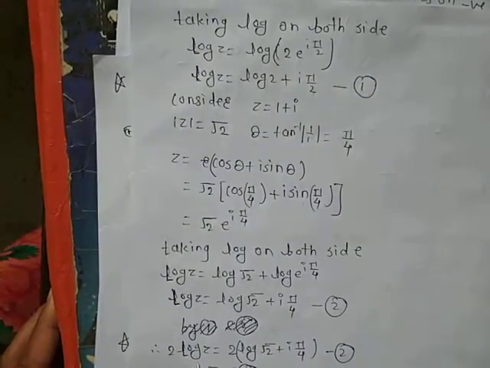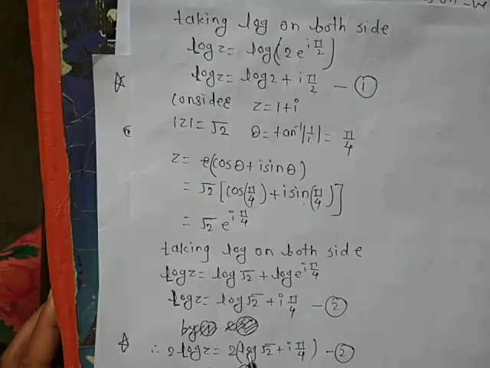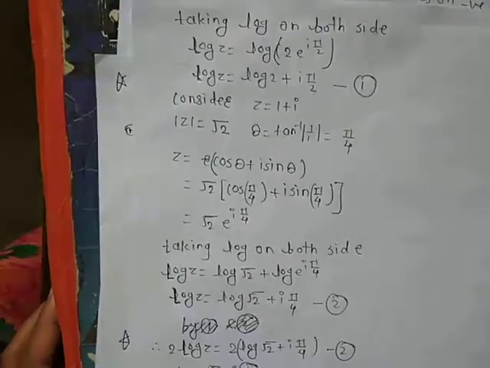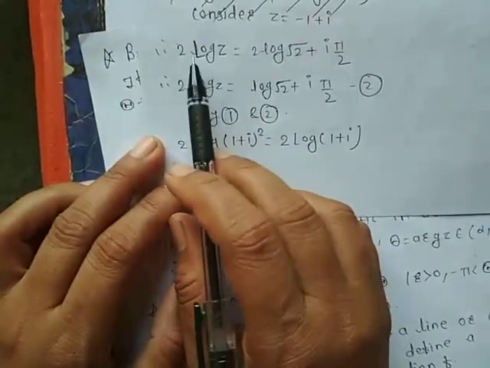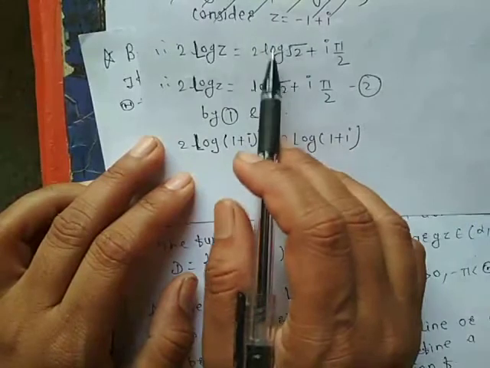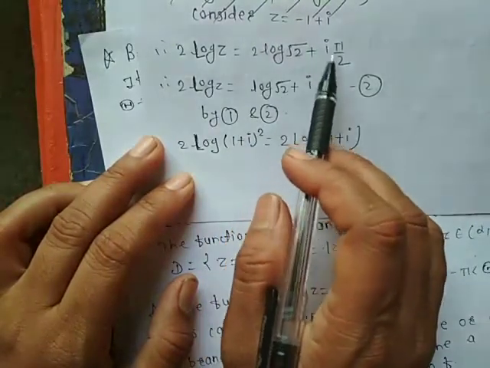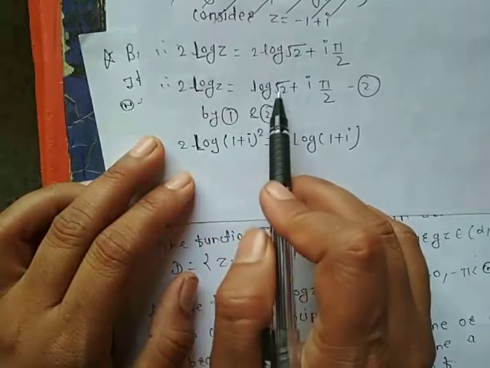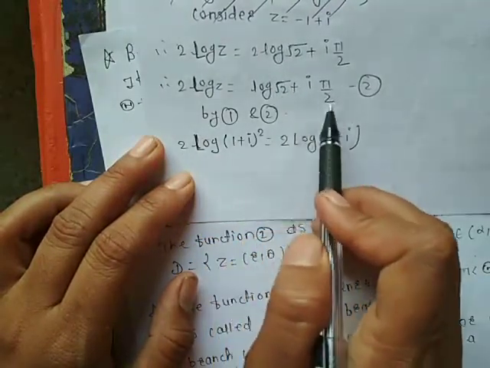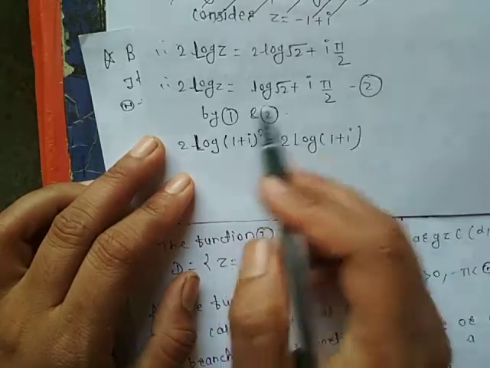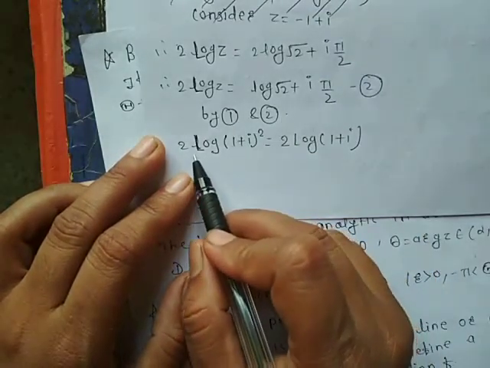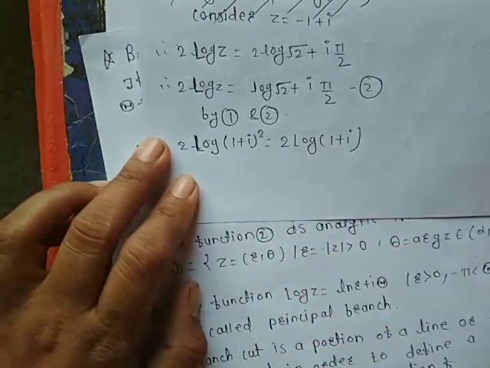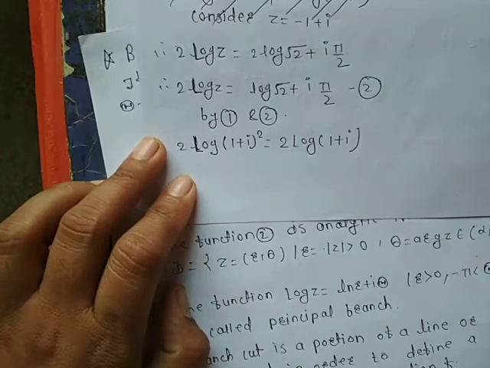You will get 2 into log z is equal to 2 into log of under root of 2 plus i into pi by 4. If you simplify, you will get 2 into log z is equal to 2 into log of under root of 2 plus i into pi by 2. By 1 and 2 we observe that 2 into Log of 1 plus i is equal to Log of (1 plus i) square. Hence LHS is equal to RHS.